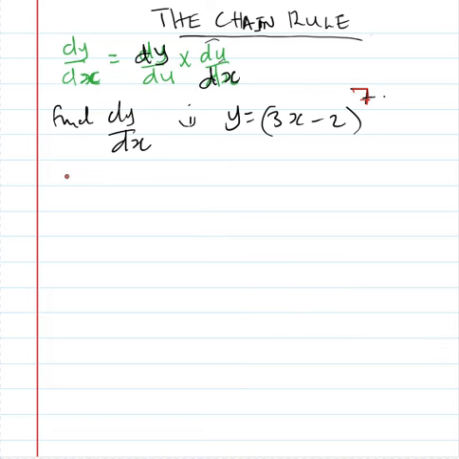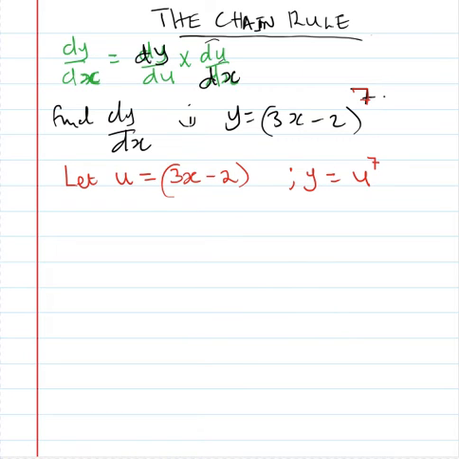So we can start by saying let u, and u is a variable that can change. You can say let p, let s, let k, whatever you choose. You always let u be the bigger expression, which in this question is 3x minus 2. So that means y will equal u to the power of 7.